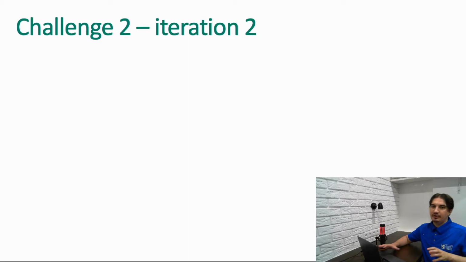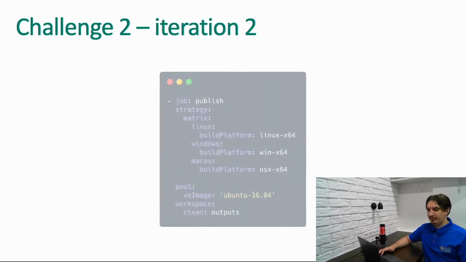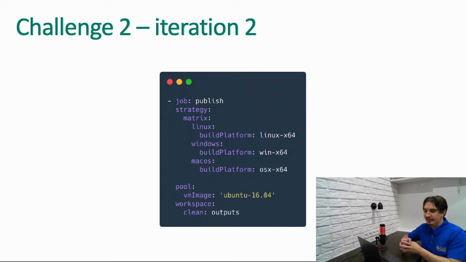To maintain the same approach of building our application, but with different configurations, we utilized another cool feature of the build pipelines, which is called parallelism and the exact matrix strategy for that parallelism. And it looks like this.